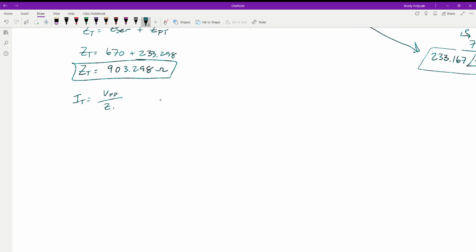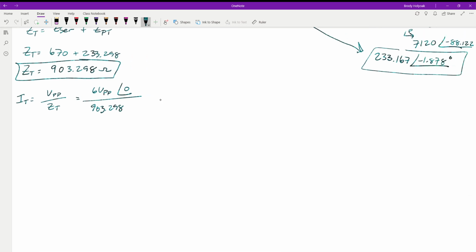Divided by, so we come back down to our current, so it's the voltage in peak to peak divided by the total impedance. So that is going to be 6 volts peak to peak at 0 divided by 903.298.